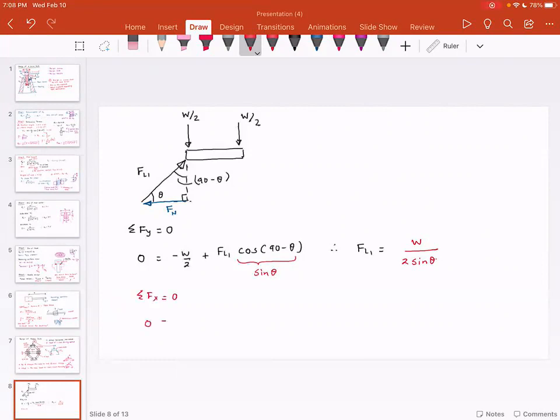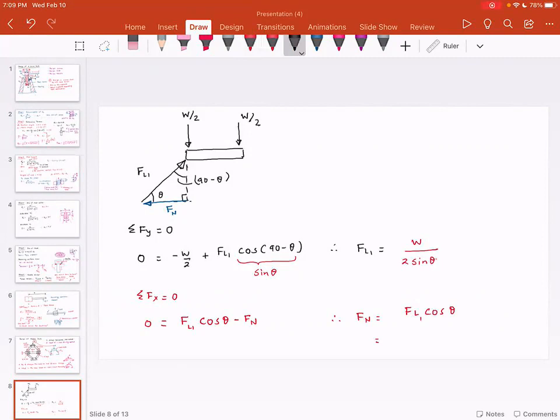So 0 is equal to FL1 cosine theta minus Fn. So Fn is equal to FL1 cosine theta.